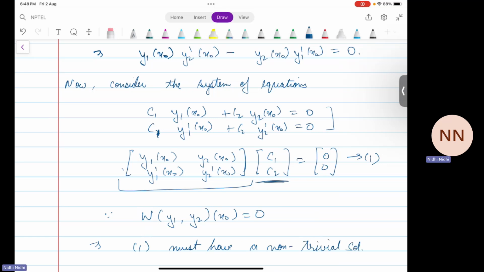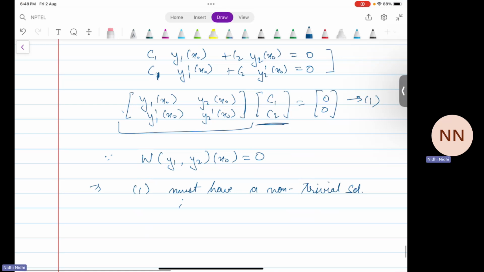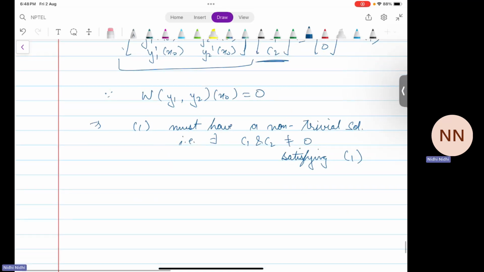That means there exist C1 and C2 non-zero. They need not be unique. There exist C1 and C2 non-zero satisfying the system 1.